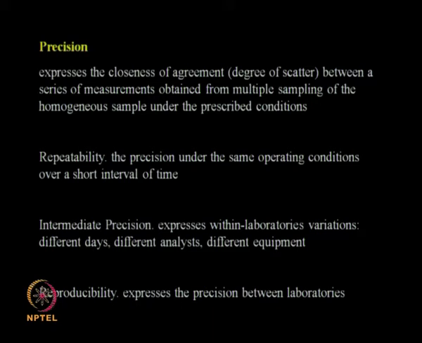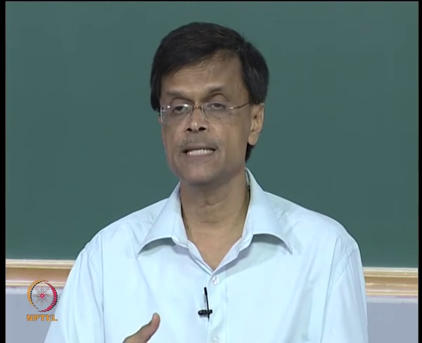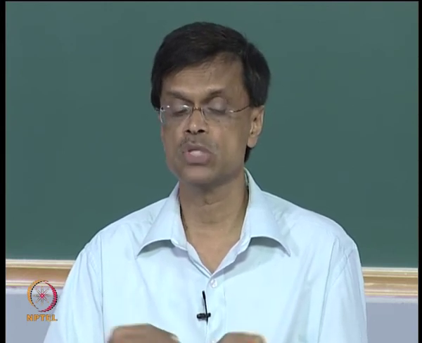They may use the same bioassay or analytical tool, and they should get the same answers, otherwise they are in big trouble. So reproducibility is also very important. Repeatability is important because if I repeat the same assay 3 or 4 or 5 times, I should get almost the same answer.